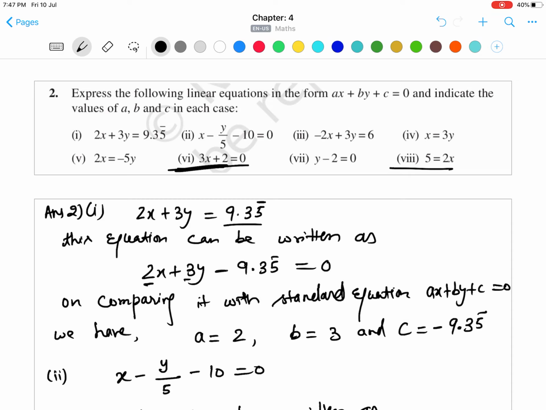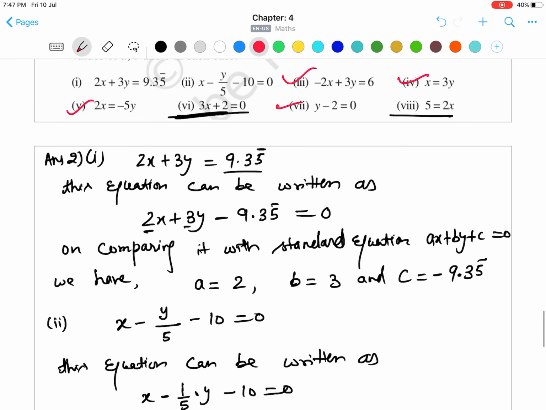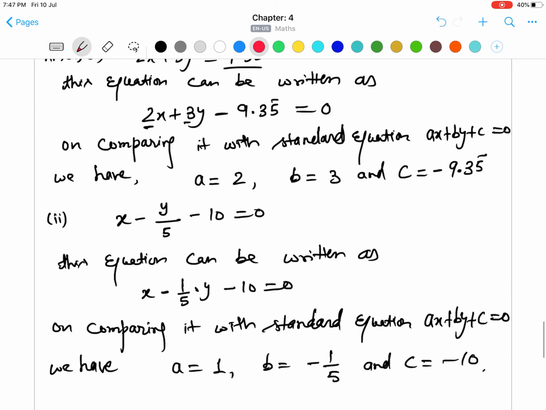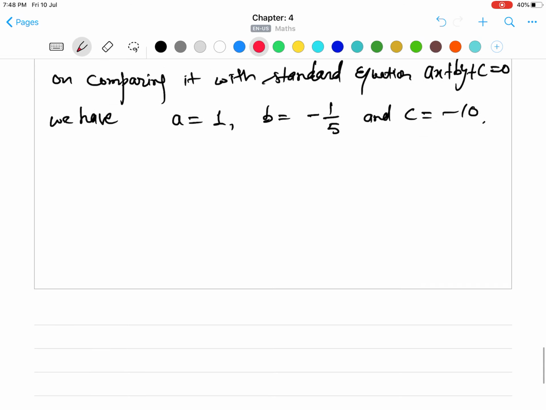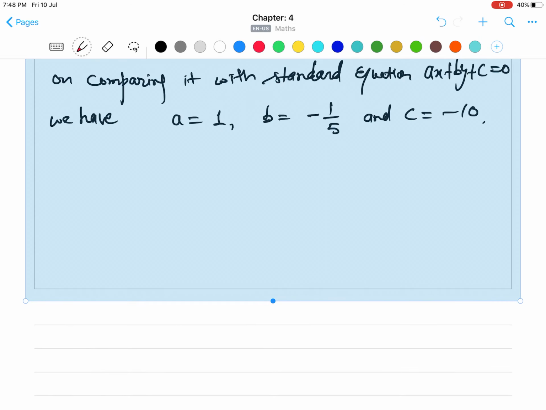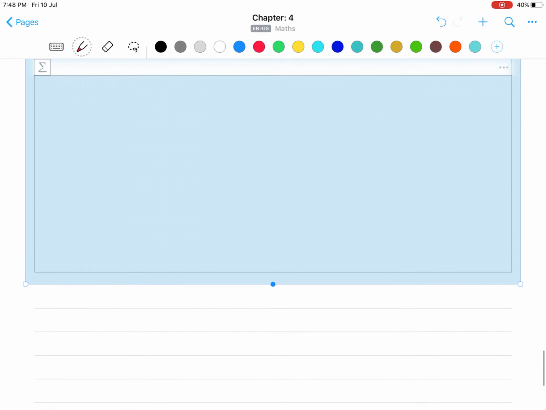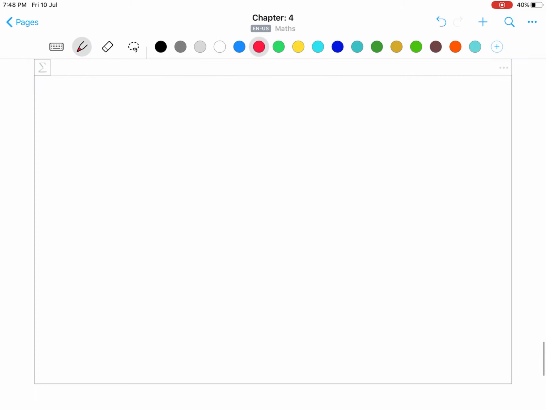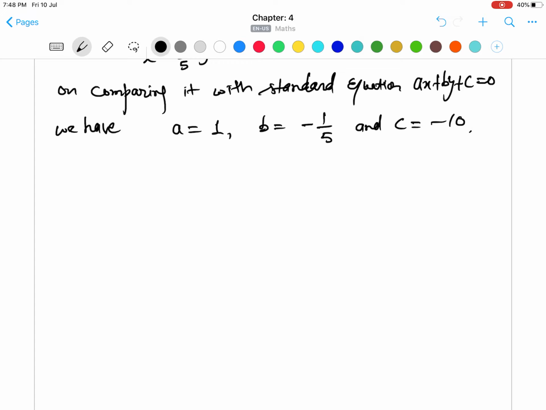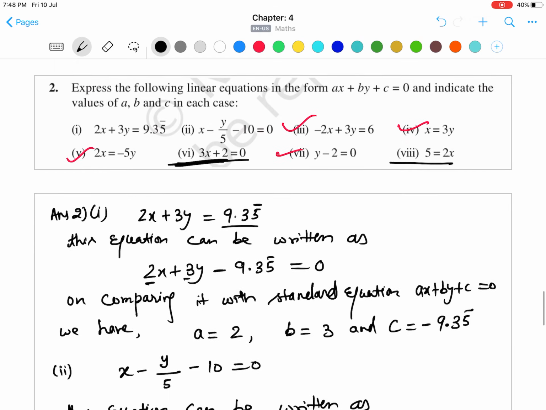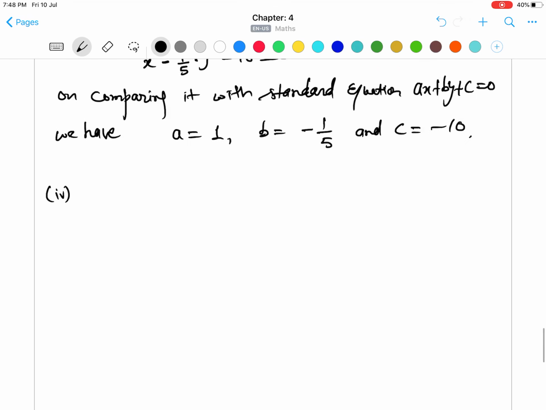The remaining parts, that is part number 3, 4, 5 and 7, will be your homework. So I'm going to do the next two parts, which are the 6th and the 8th. So let's see part 6. The given equation is 3x + 2 = 0.